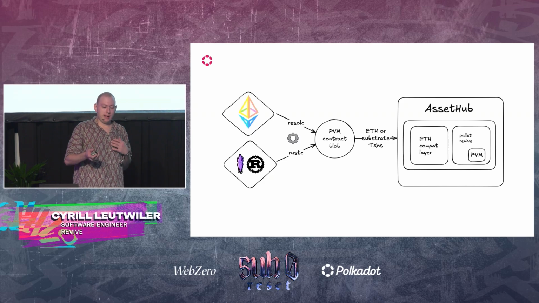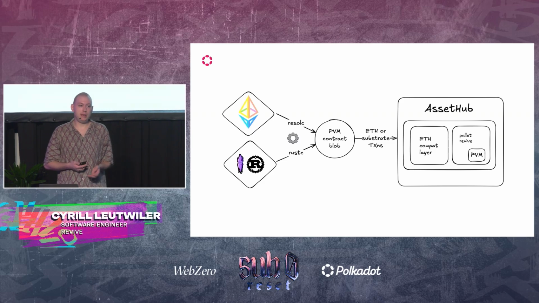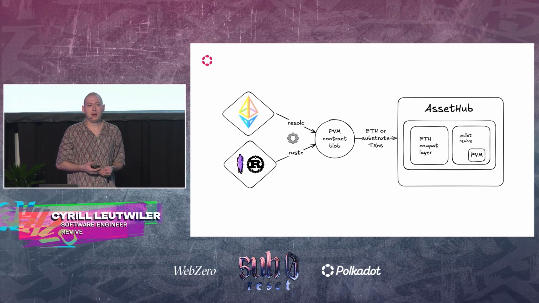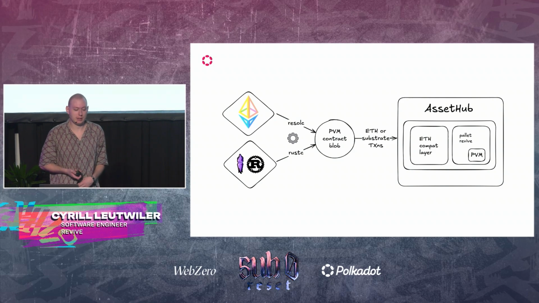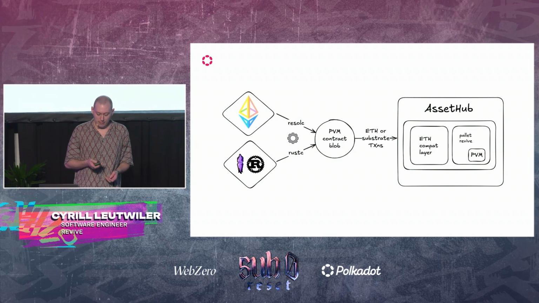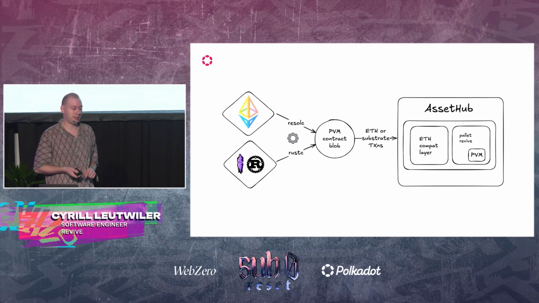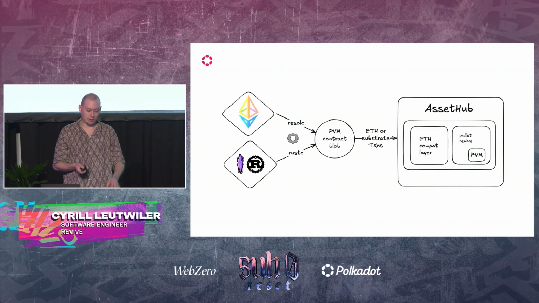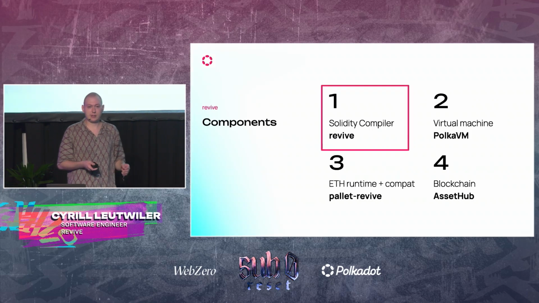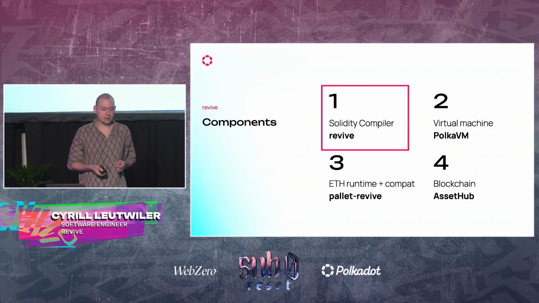Then you compile your code to a PVM contract blob, and then you send it on chain, and you can transact with the contracts, and they all run in Pallet Revive. So the flow goes from left to right, and we're going to have a brief look at all those components. So let's start with the compiler first.